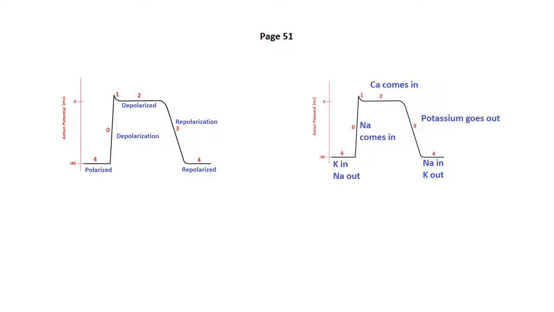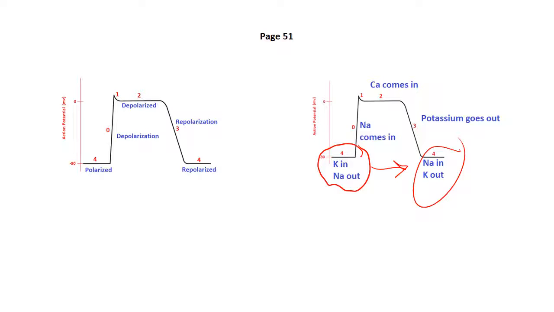Now, the important thing that I don't want you to miss here is that notice that at the beginning in phase 4, potassium was in the cell, sodium was out of the cell. But notice that by the time we repolarize, now sodium is in and potassium is out.